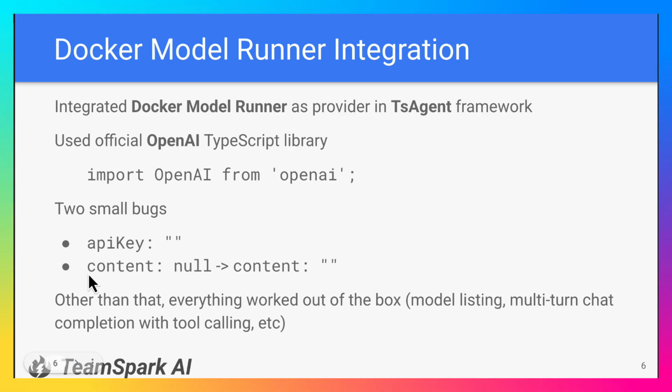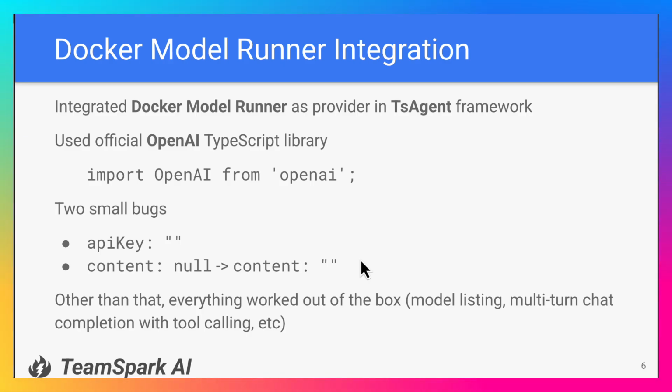And then there was a kind of an odd case with tool calling. We've seen things like this before. When we call a tool with some of the models via Docker Model Runner, you'll get back a tool call that has a null content value. Typically, it's up to the model whether it wants to provide content or not if it's calling a tool. Sometimes the models will provide content that's explanatory about the tool call.